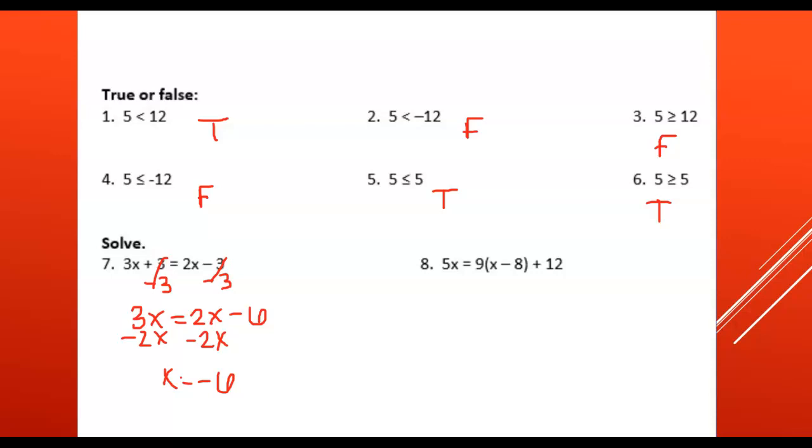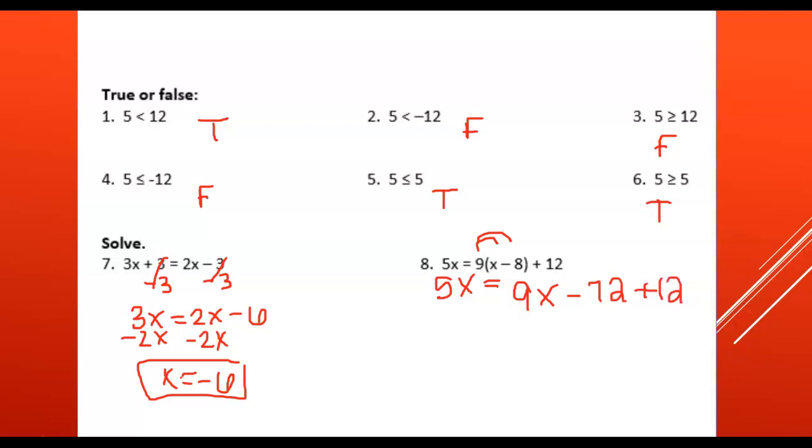And then let's talk about number 8. Number 8 says 5x equals, and then we're going to distribute the 9. So you get 9x minus 8 times 9 is 72 plus 12. Subtract your 9x, so you get negative 4x.